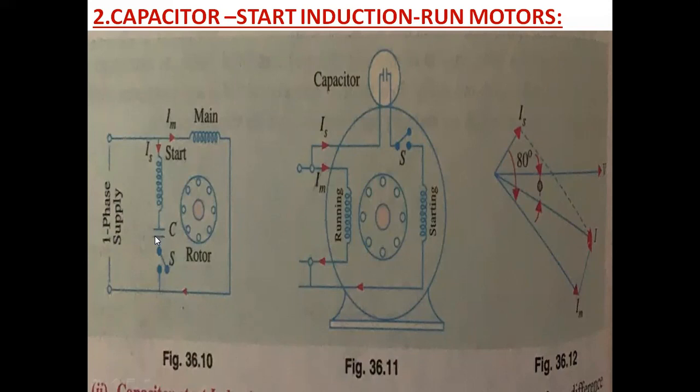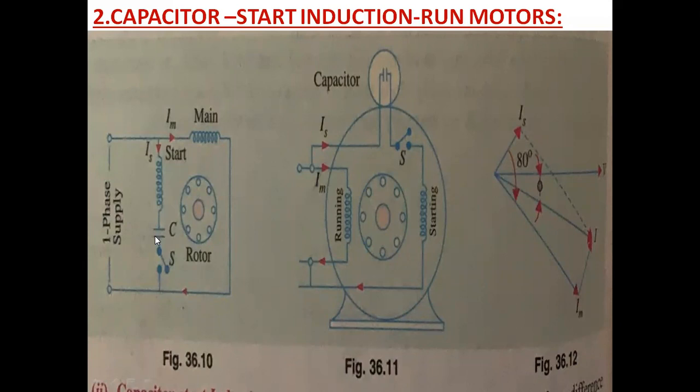If you take a resistor, voltage and current will be in phase. If you take an inductance, current will always lag the voltage. If you take a capacitor, current will always lead the voltage. In reference to the voltage, I am taking the current vector. If you put a capacitor, the current vector will lead V more.